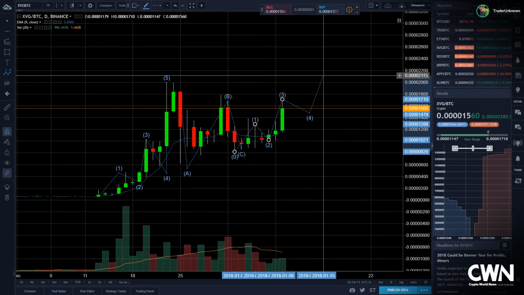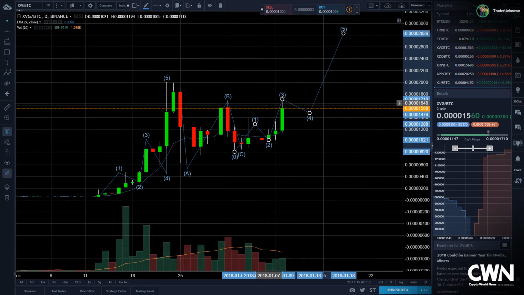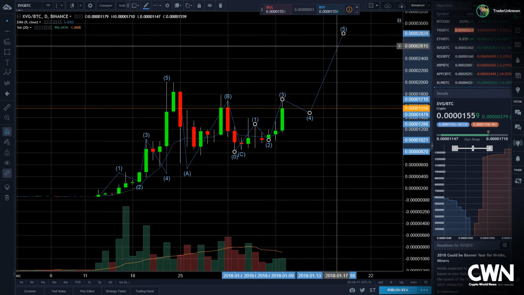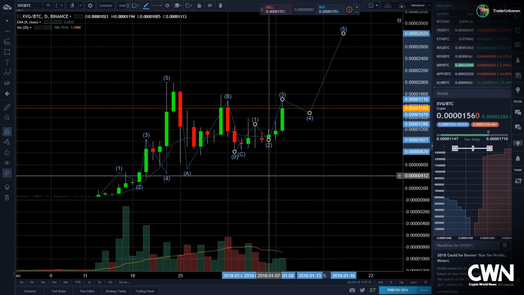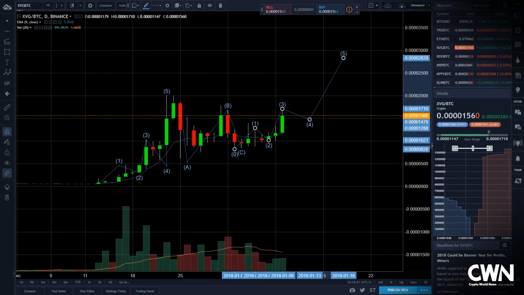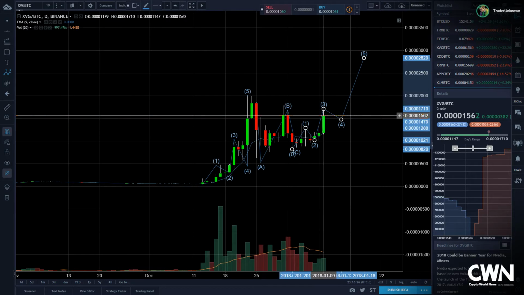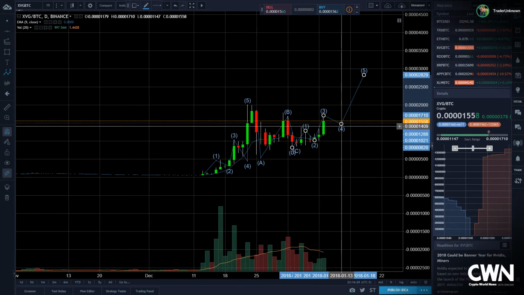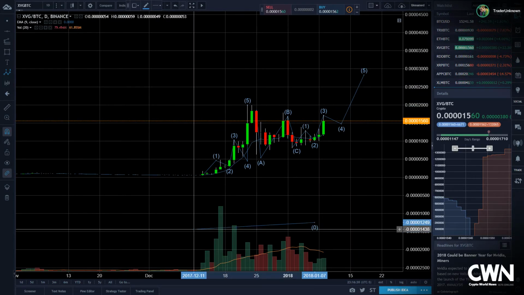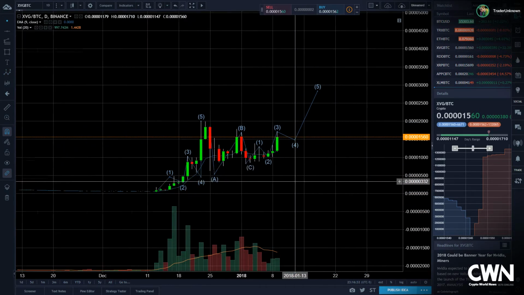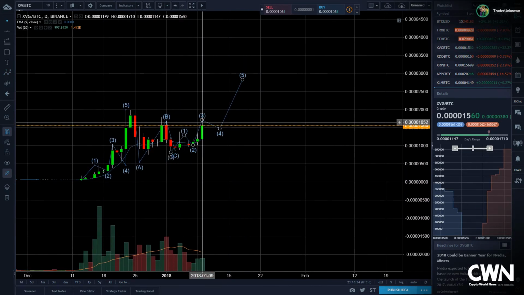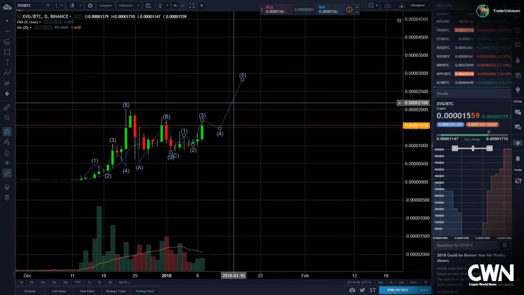We might get a little 4 pullback and then another microwave higher to finish up the full 5 up of wave 3. So you can buy it here. You can't go wrong. It may pull back a little bit on you if you do buy it here, but I personally would consider that just fine because this is going to go higher.